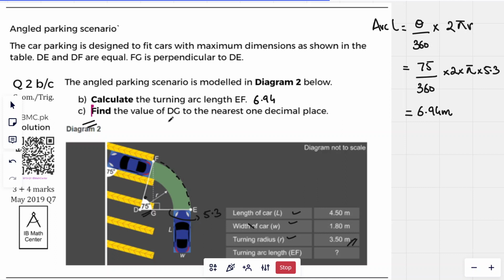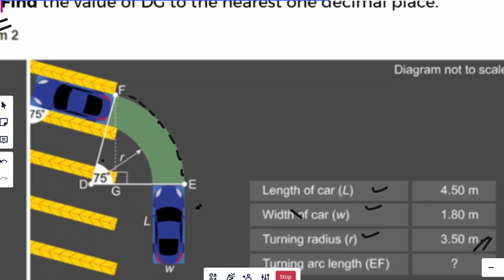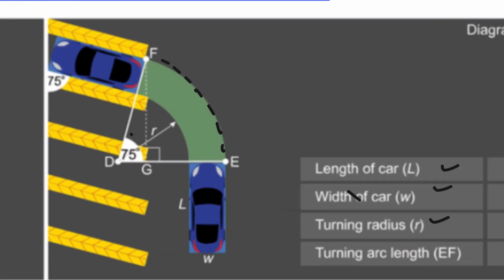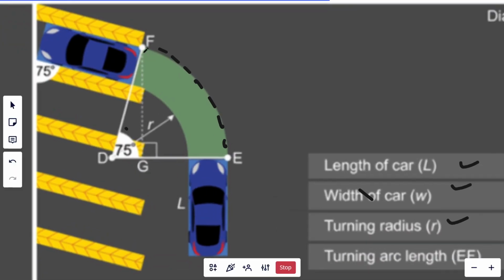And in part B, we have to find the value of D to G to the nearest 1 decimal place. And in order to do that, if we zoom into this figure, we see this vertical white line coming downwards, and we see a 90-degree angle here as well.